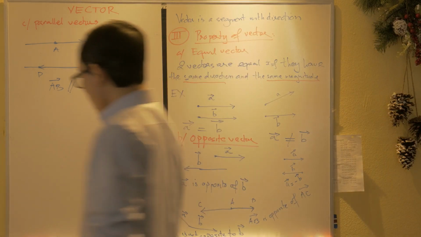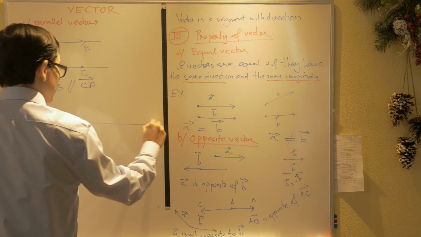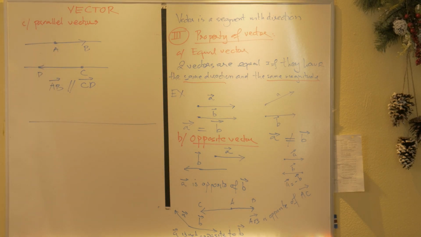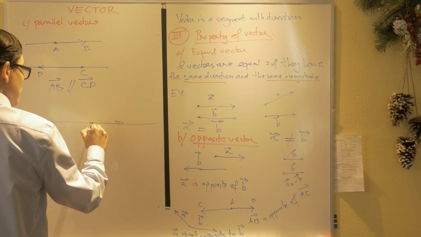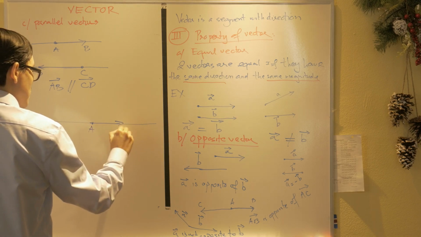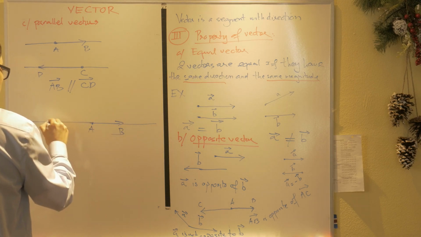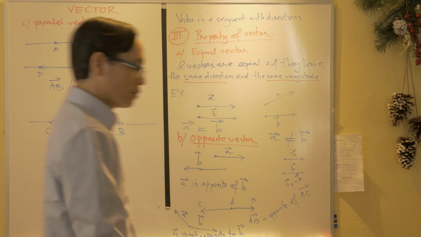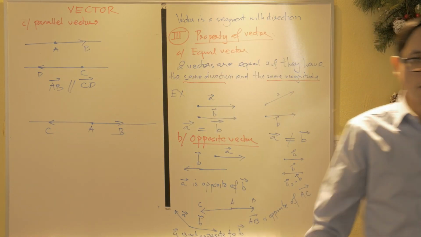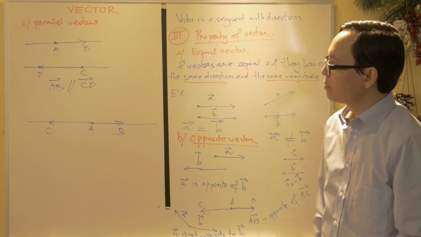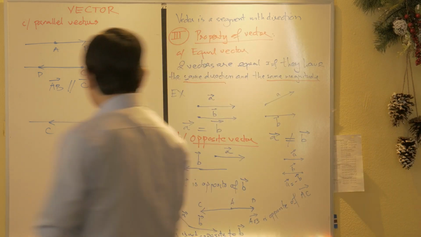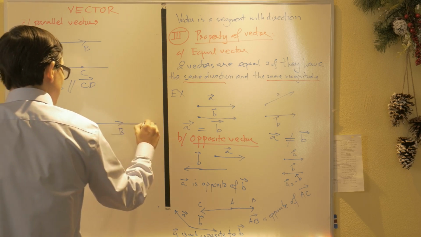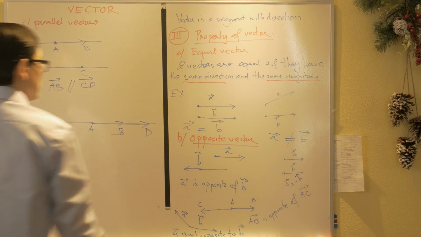Or if I draw only one line, and on this line I draw two vectors AB and AC, I also say that they are parallel to each other. Or I can draw another one, AD, for example.